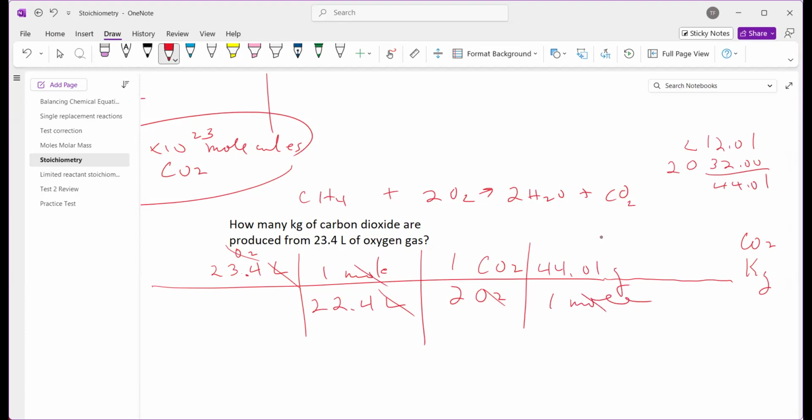So moles cancel, and we're left with grams of carbon dioxide. Then we need to get over to kilograms. So everything cancels except for kilograms.